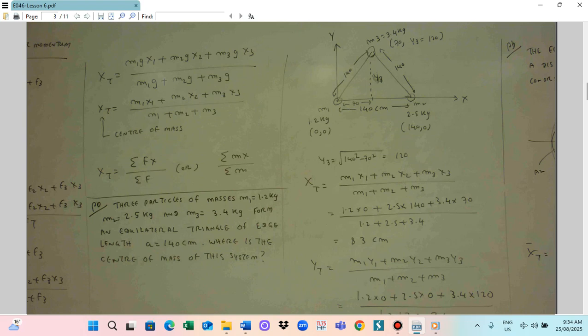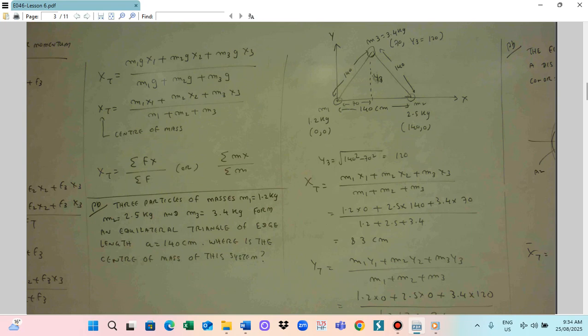And m2 is 2.5 kg, and its coordinate is 140 and 0. m3 is 3.4 kg, and its horizontal coordinate is 70, and the vertical coordinate we can find out.